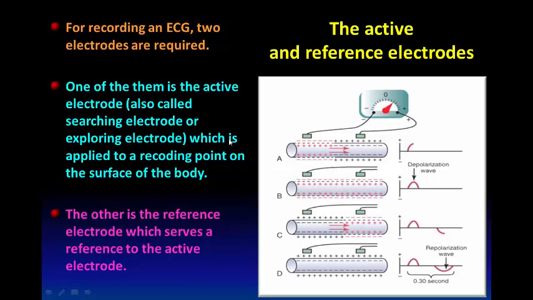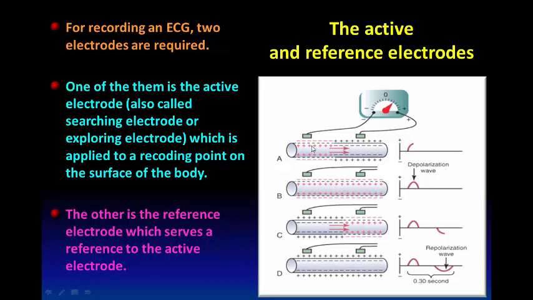This electrode is applied to a recording point on the surface of the trunk and is connected to the positive end of the ECG machine, the modified galvanometer. The other electrode is the reference electrode and serves as a reference to the active electrode and is connected to the negative end of the galvanometer.